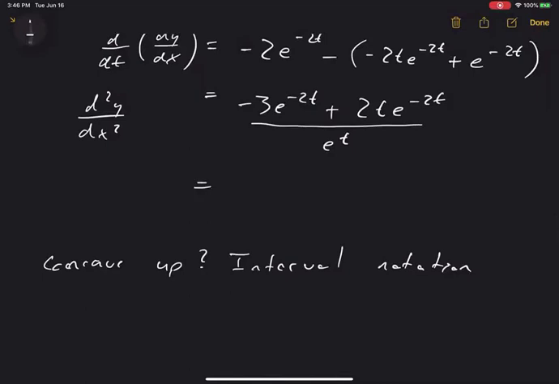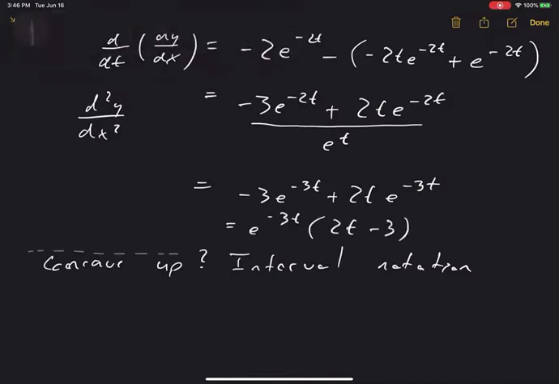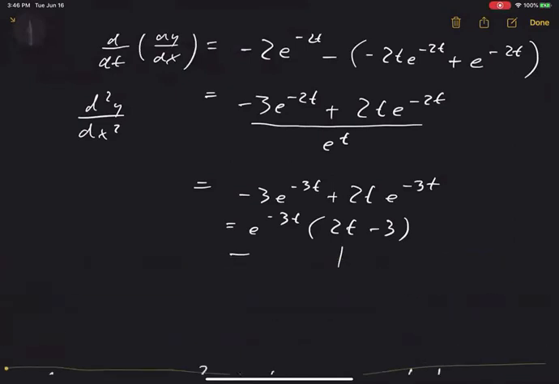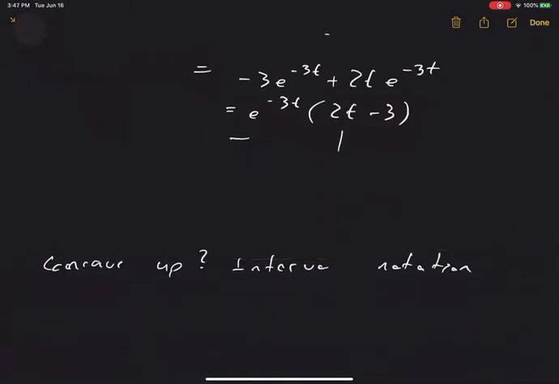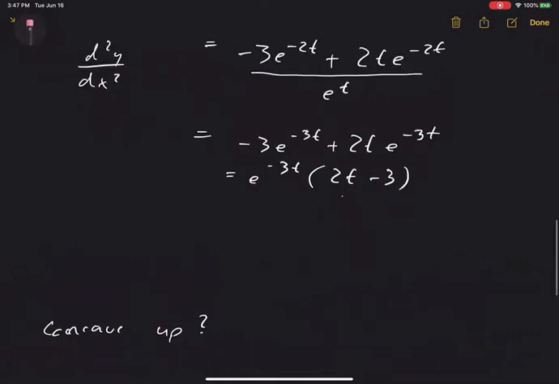Okay, if I simplify, this becomes -3e to the -3t plus 2t e to the -3t, which is what? So this is my second derivative.